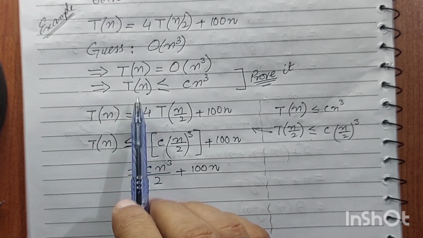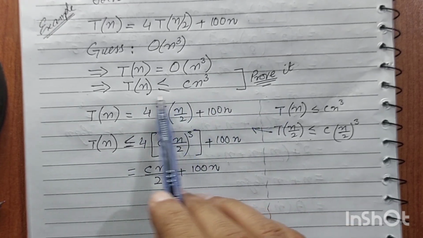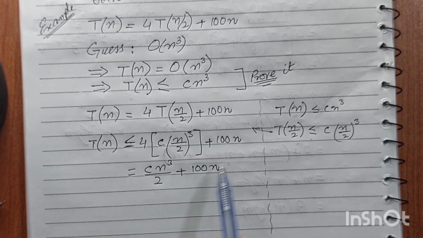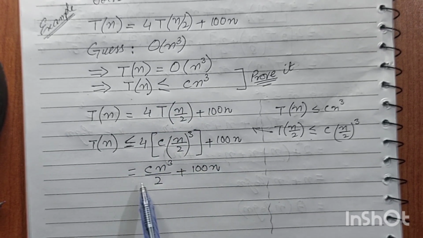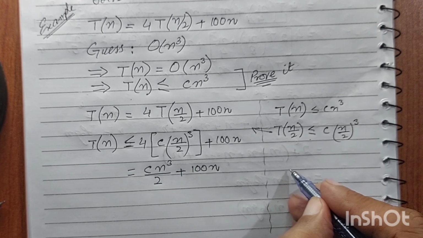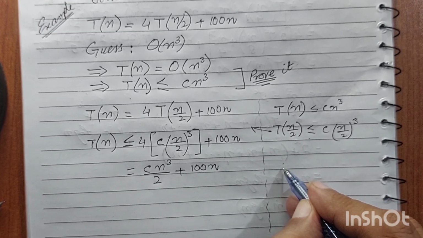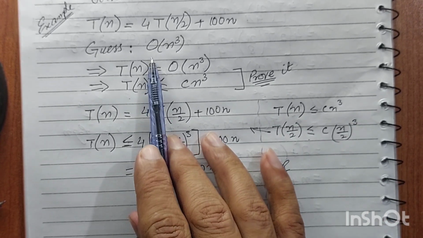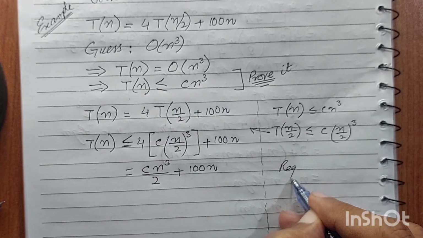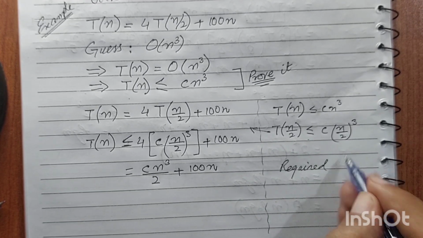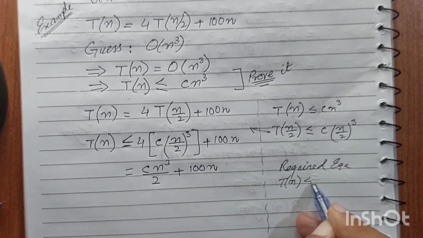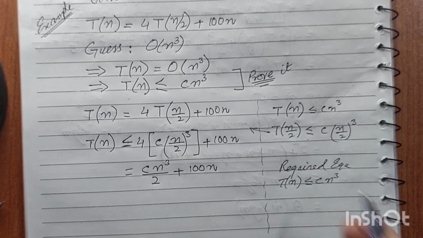You can see here I was required to prove this part: t of n is less than or equal to c of n cube. If I want it to be big O of n cube, then my required equation should be t of n is less than or equal to c of n cube.